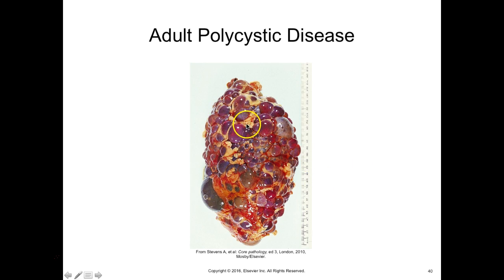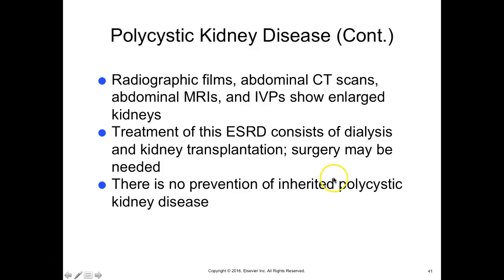So here you can see adult polycystic kidney disease. When we take an x-ray of the kidneys, the kidneys should be smooth, but they see this bumpy appearance, and they can see the outlines of the cysts. So for this person with polycystic kidney disease, they will do radiographic films, abdominal CAT scans, abdominal MRIs, and IVPs show the enlarged, deformed kidneys.